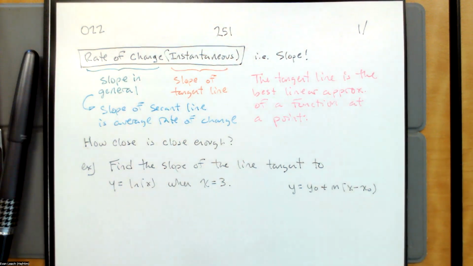So if I write y naught plus m times x minus x naught, this is the equation of a line containing the point x naught, y naught with slope m.